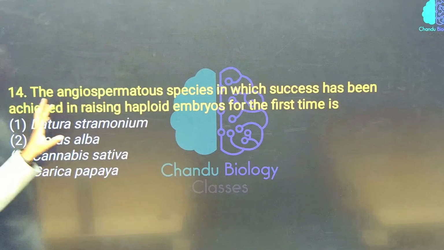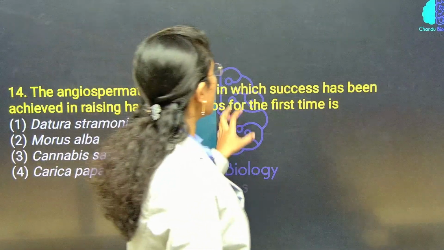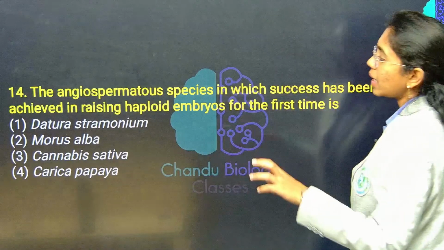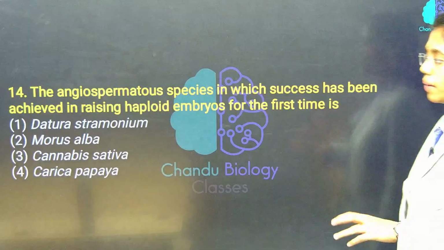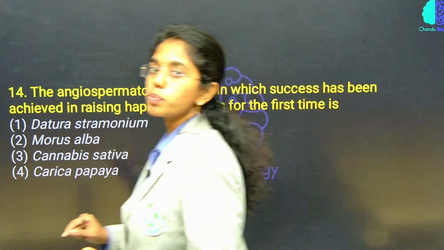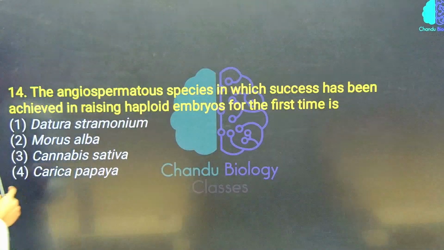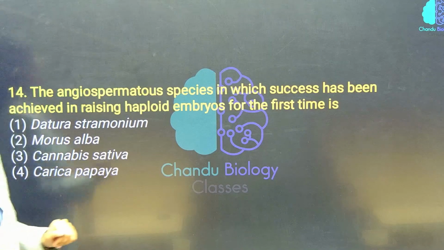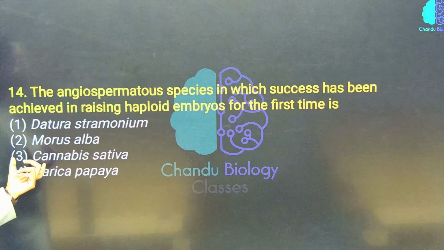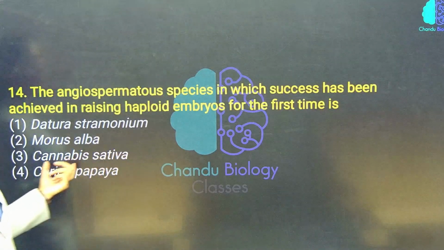Next. The angiospermic species in which success has been achieved in raising haploid embryos for the first time. What are those angiospermic species wherein haploid embryos were raised for the first time? The experiments were performed by Guha and Maheshwari for the first time.